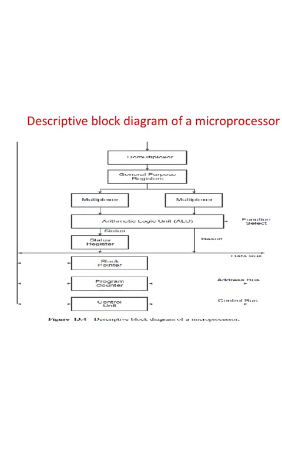You can see a demultiplexer connected to a general purpose register, then to a multiplexer, and then to the ALU. The status register shows the status of the result which has been sent to the data bus. The stack pointer points to a location, the program counter is connected to the address bus, and the control unit is connected to the control bus. This is the descriptive block diagram of the microprocessor.